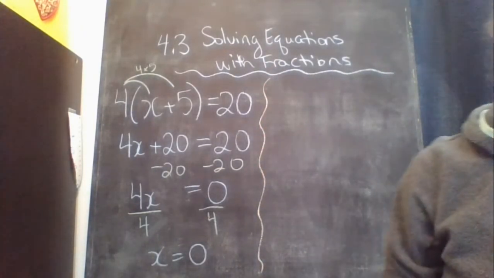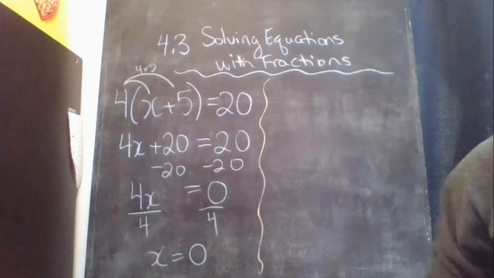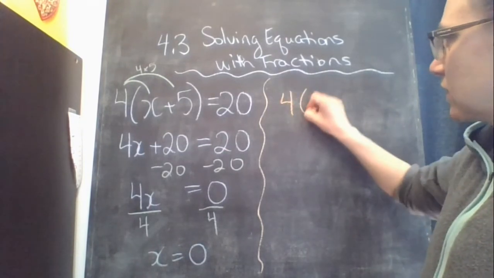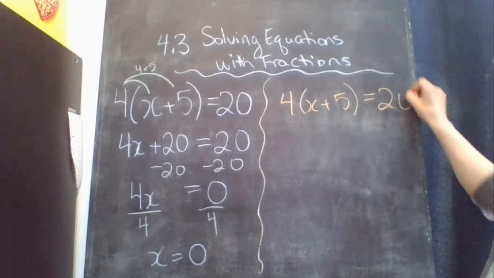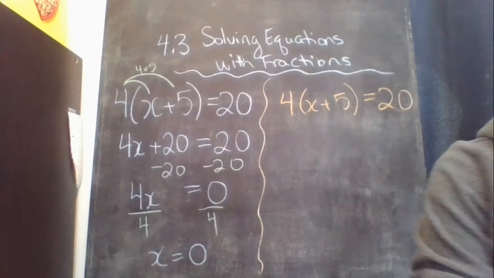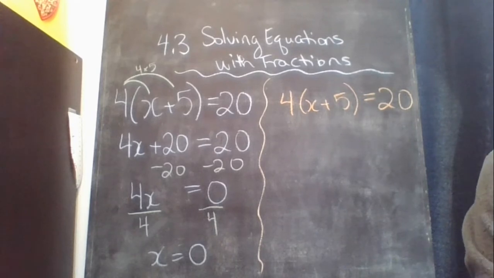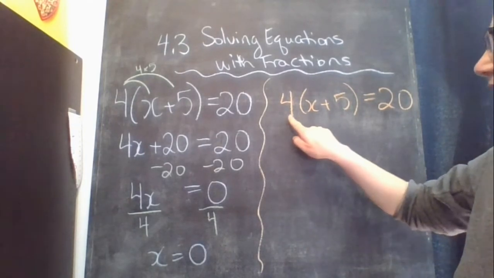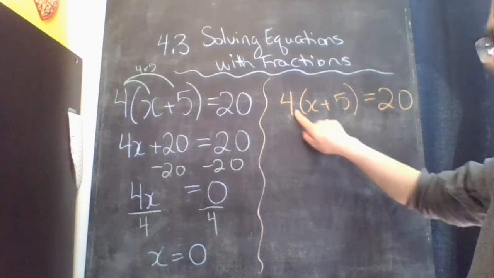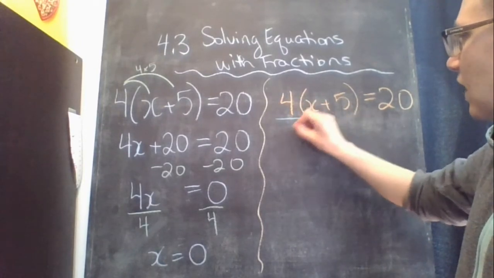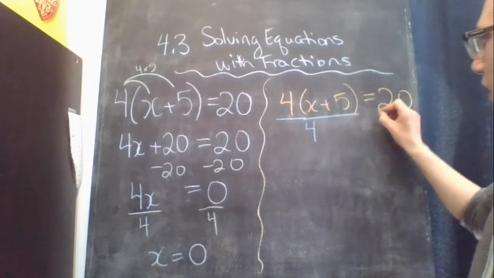So I'm going to solve that same question, only this time I'm going to do it differently. Same question, but this time, instead of expanding my brackets, I'm going to get rid of the 4 first. Because the 4 is multiplying this whole thing, I can divide everything by 4.